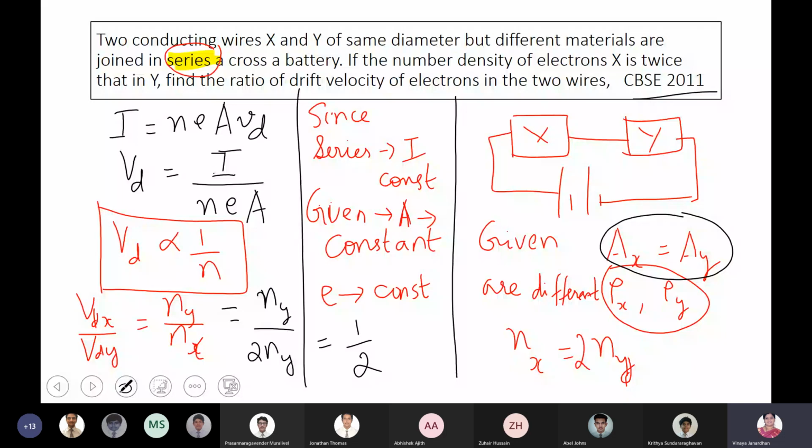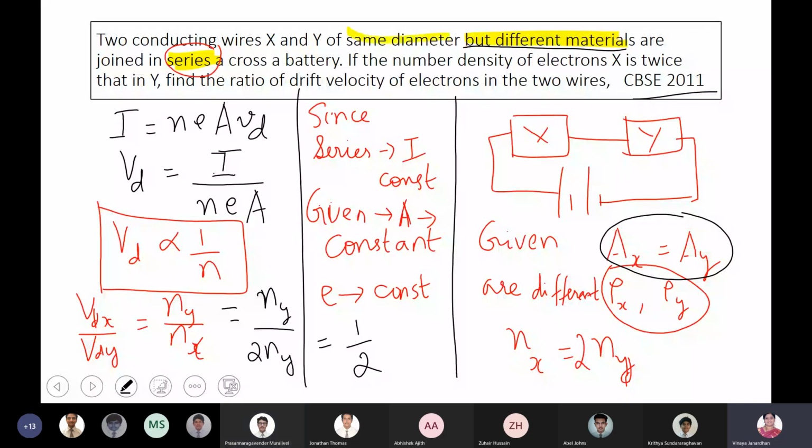Shall we go for the next one? Now, how do we know that the resistivities are different? Different materials, resistivity is different.